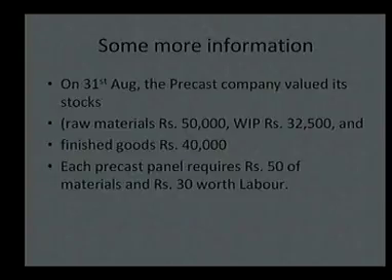That's why this exercise has been carried out. The company has found that it has raw materials worth rupees 50,000 still with the company, work in progress valued at rupees 32,500, and finished goods equivalent to rupees 40,000.